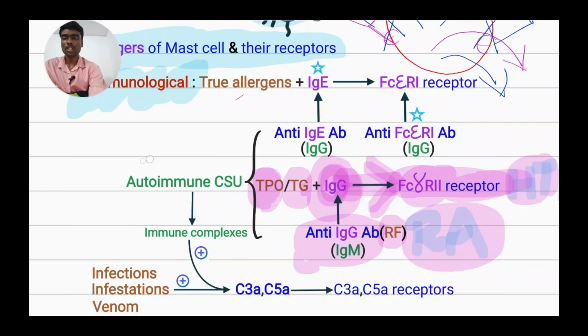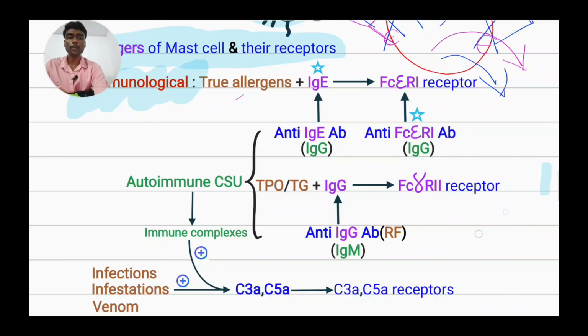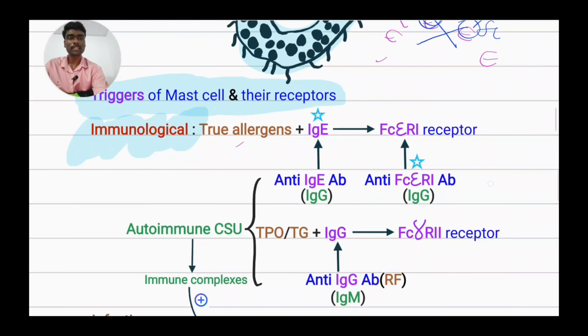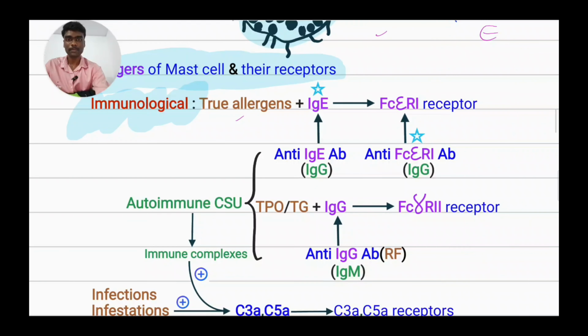Whenever there is autoimmunity in our body, it will lead to formation of immune complexes. We will see how many immune complexes can be formed here. What do we mean by an immune complex? It is nothing but antigen plus antibody. This true allergen acts as an antigen and this IgE antibody is the antibody.